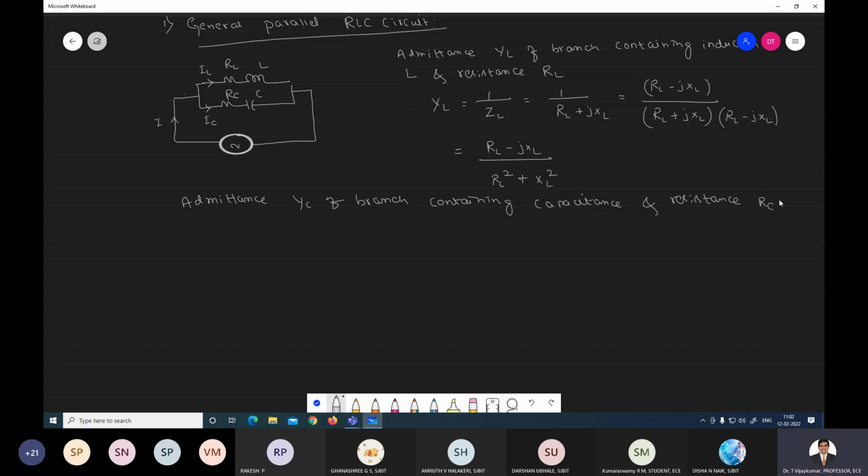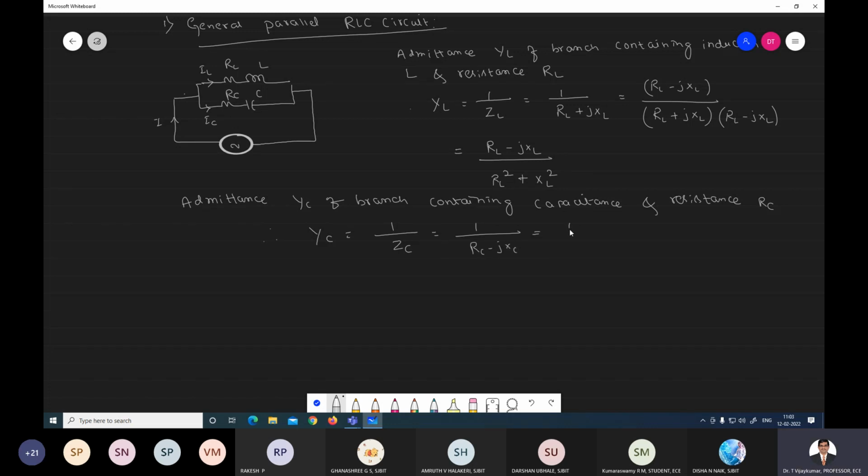YC is equal to 1 by ZC. What is ZC here? The total impedance in that branch containing resistance and capacitance, which is RC minus jXC.